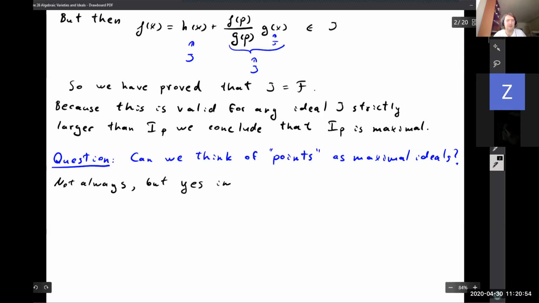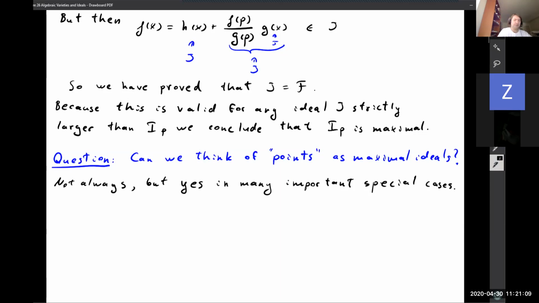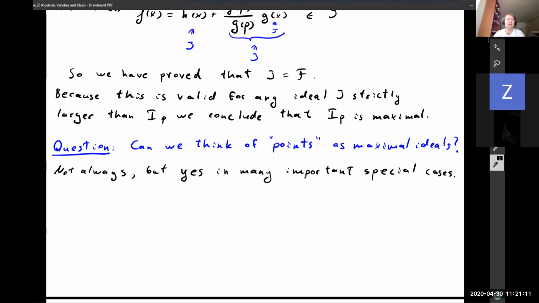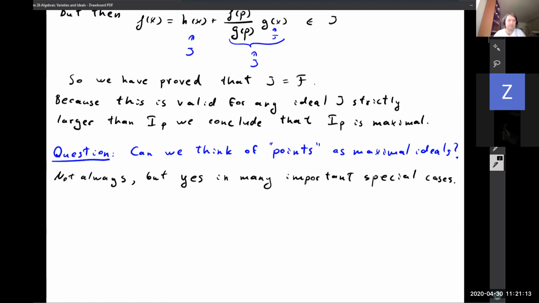Yes, in many important special cases. In fact, we can translate most of the questions from geometry to the pure algebra level.